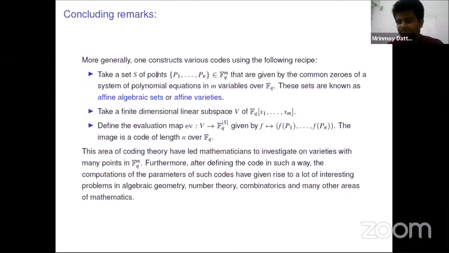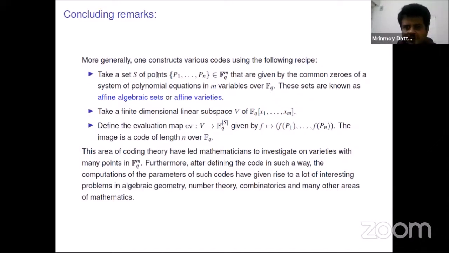So in most current research, finding affine varieties which have many points has become a very interesting problem, which is of course interesting from its own mathematical point of view, and also from the point of view of coding theory I just explained.